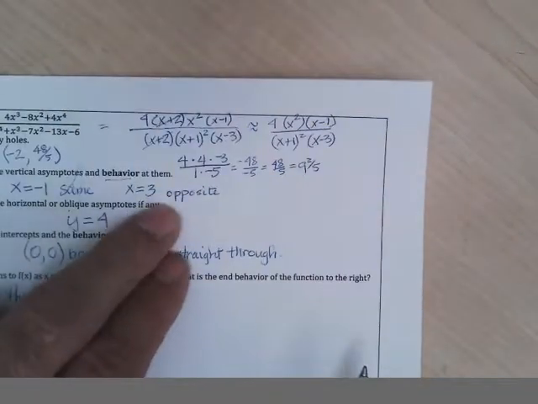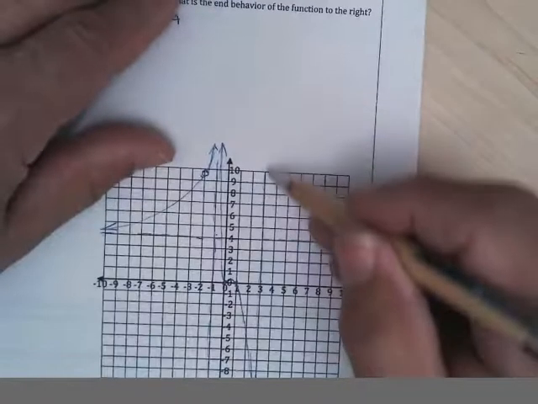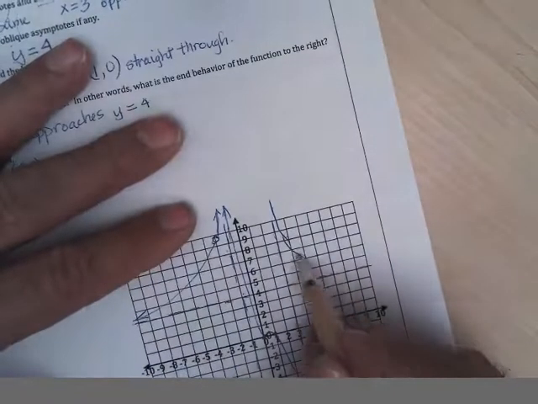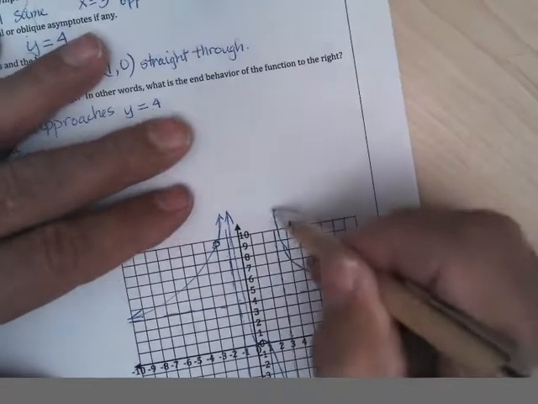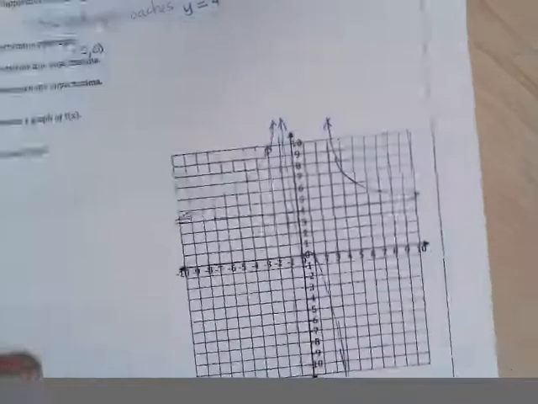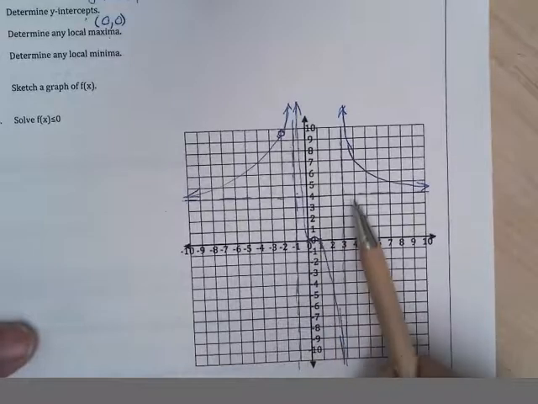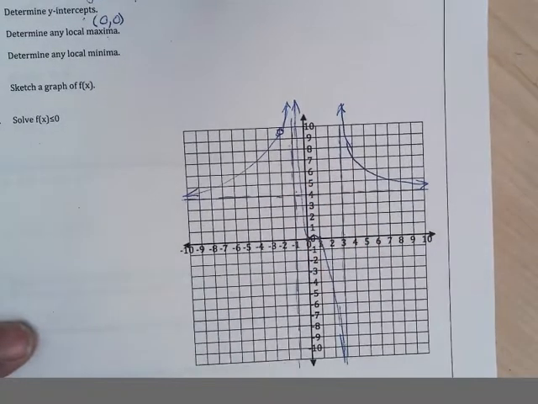And if that's the case, at 3 it went opposite, so it must come from above and drop down and go something like this. So in the graph, I'm looking for the intercepts, the asymptotes, and the hole.